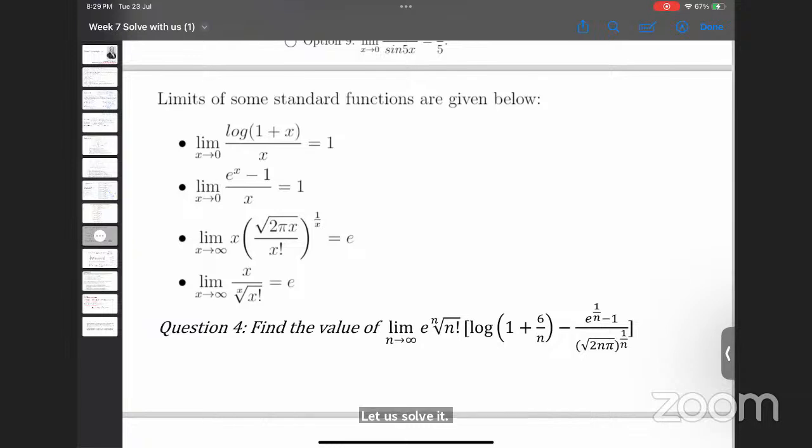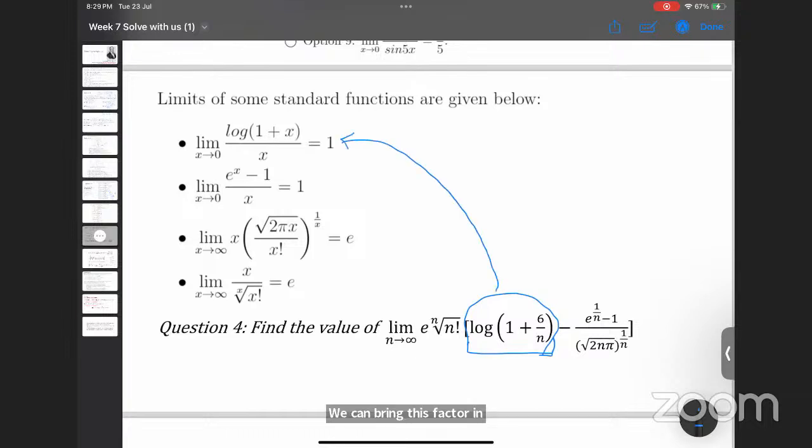So what can we do with this factor? We can bring this factor in this form, right? Here we have something, x tends to 0, then the value of this. Again, we have here 6 by n.